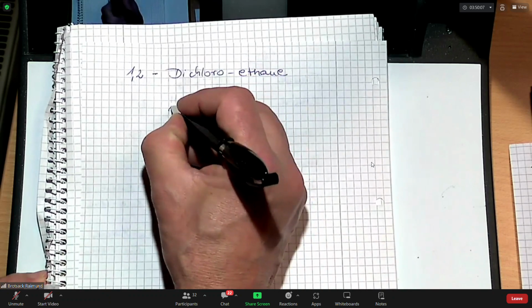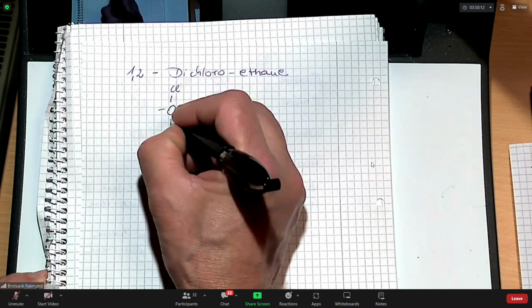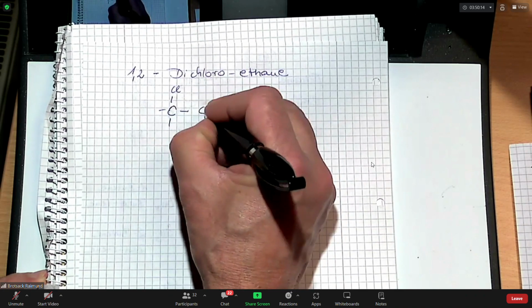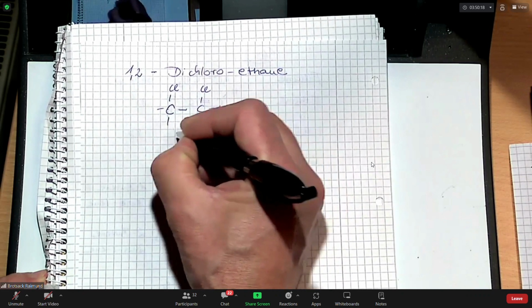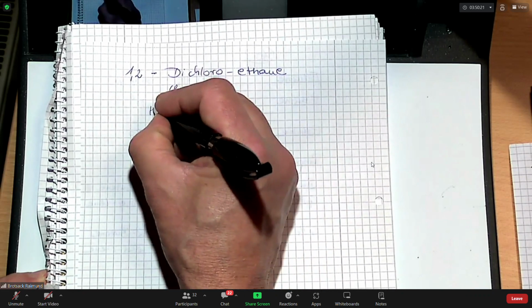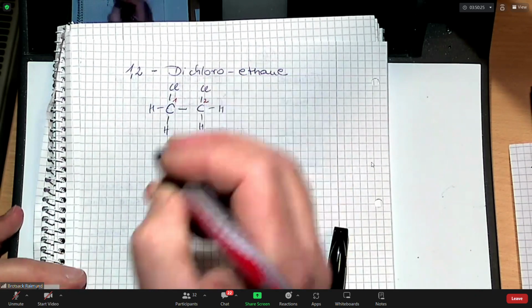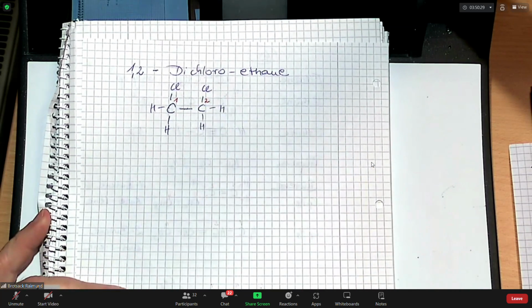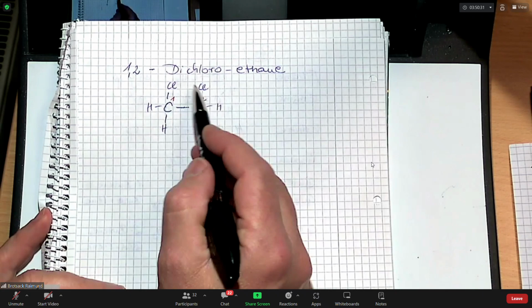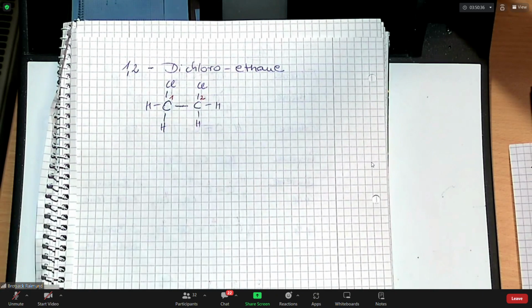So we have C with Cl, H, H, and C with Cl, H, H. It makes no difference if I draw it on the top or on the bottom, because each of these bonds can be rotated.